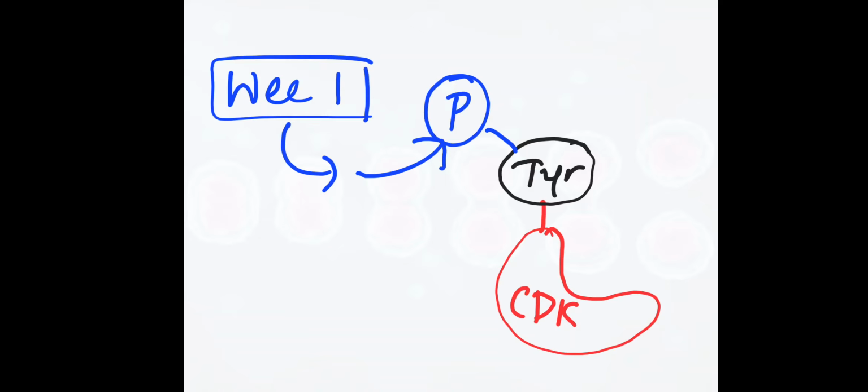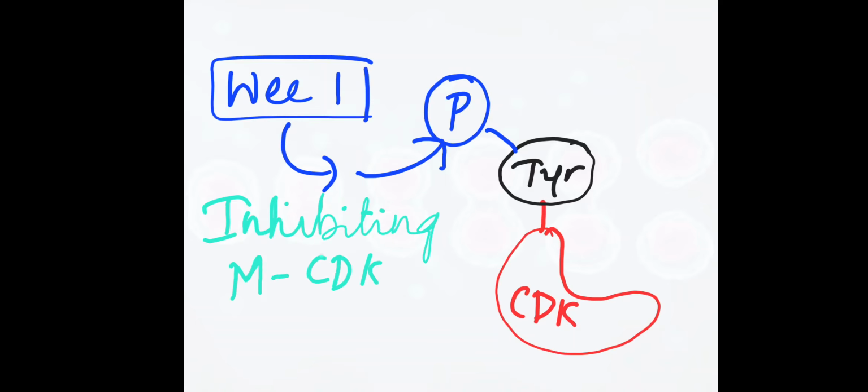It is inhibiting MCDK. What does this MCDK do? It does help in mitosis, okay, but V1 is inhibiting. Why? It is inhibiting the cell from initiating mitosis until their size is adequate.